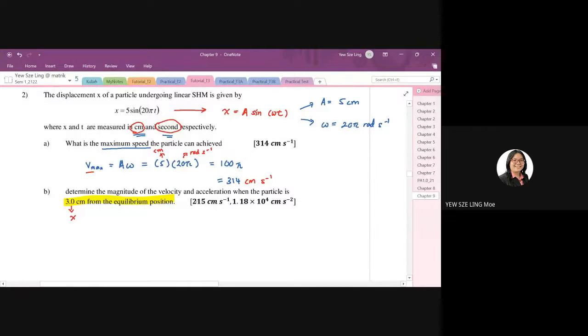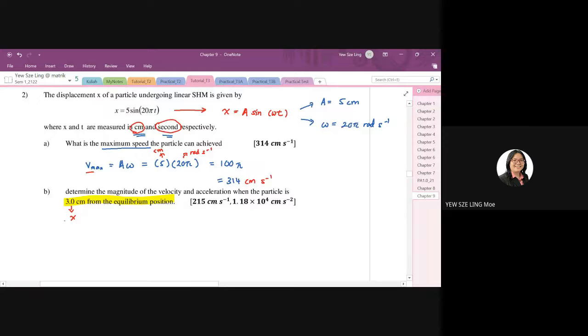The question is asking for V and A with displacement in it. So you are going to search for the equations where V and A consist of x, meaning that you cannot use the equations with t, the trigo functions, because there's no x in them.